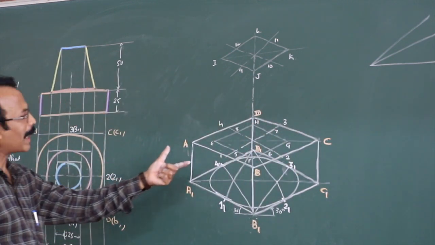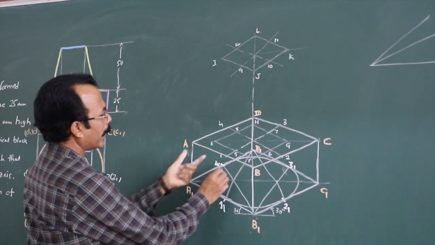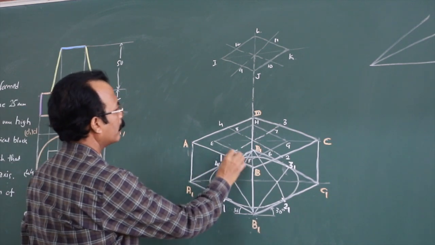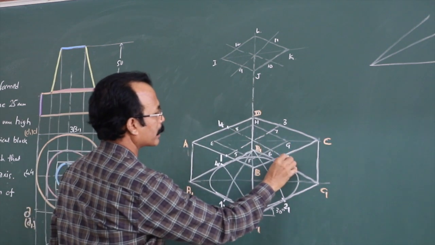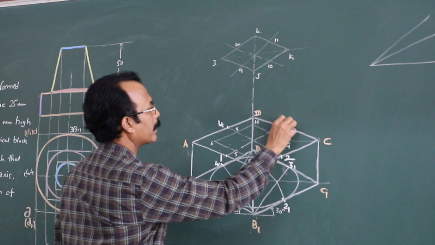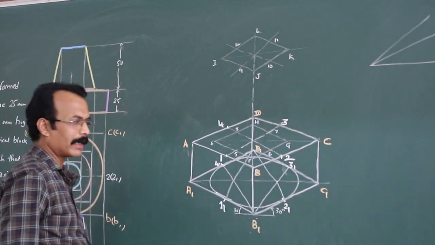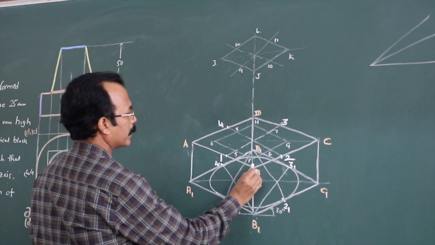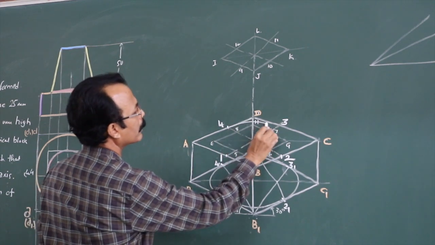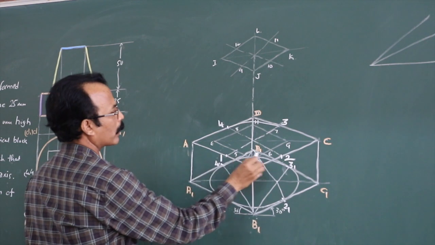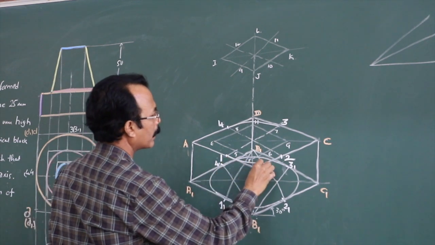Once again, mark the midpoints. From A, mark the midpoint 1 and 4. From C, you can mark the midpoint 2 and 3. Now, repeat the same procedure. From B, 3 or 4, first arc. From D, 1 or 2, second arc.